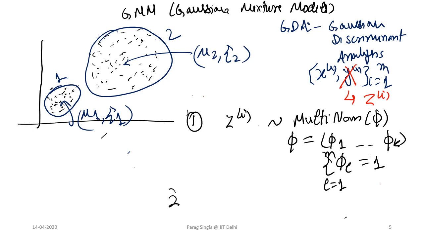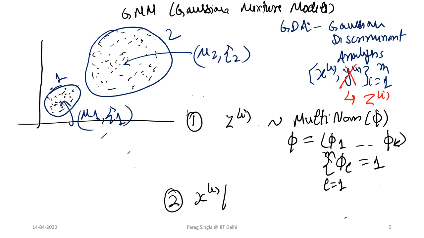And given these zi's, as in the case of GDA, once we know the cluster assignment for each point, which is zi, then we would be able to figure out the probability of generating each point.